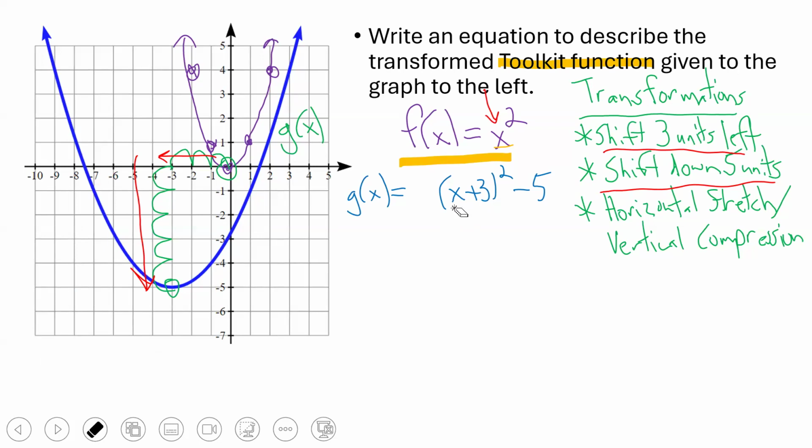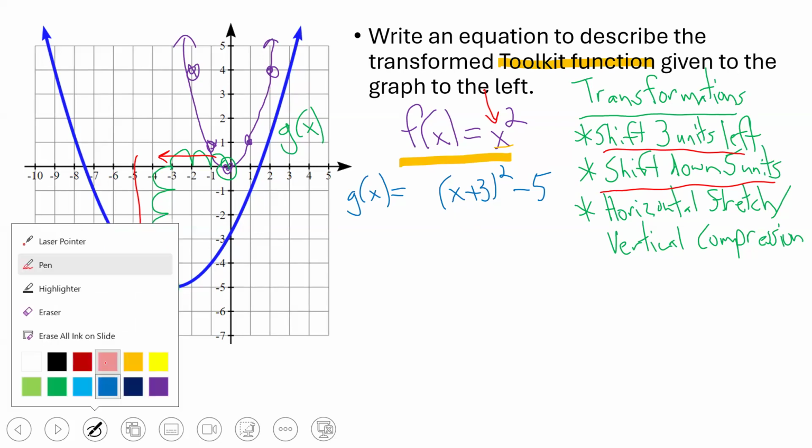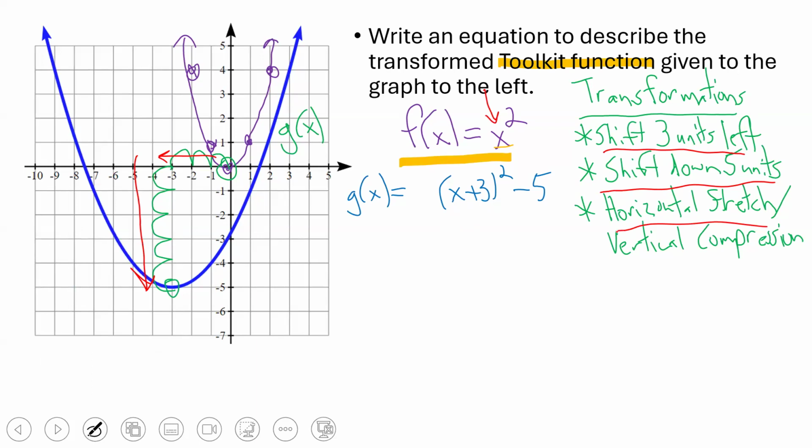But then the next thing we have to do is to try to determine how much it's been horizontally stretched or vertically compressed. And again, it's really difficult to figure out the factor by which it's been stretched or compressed just from looking at the graph.